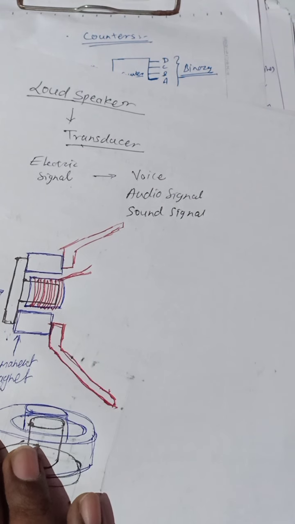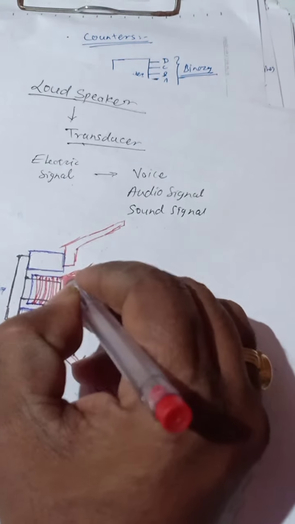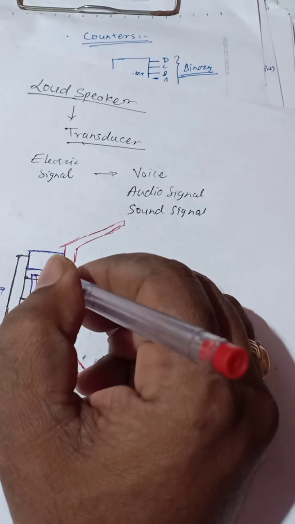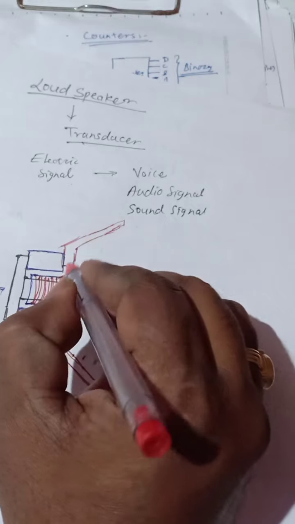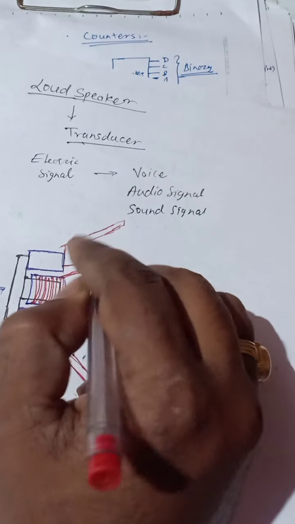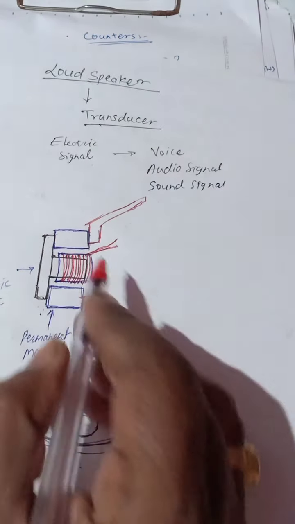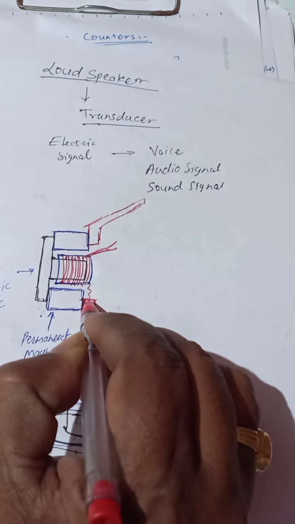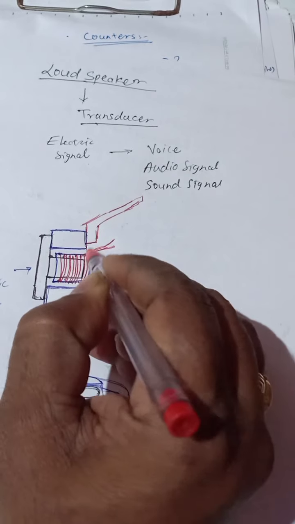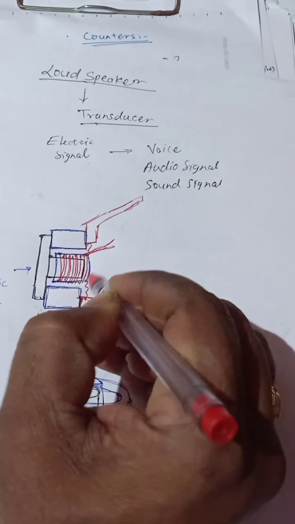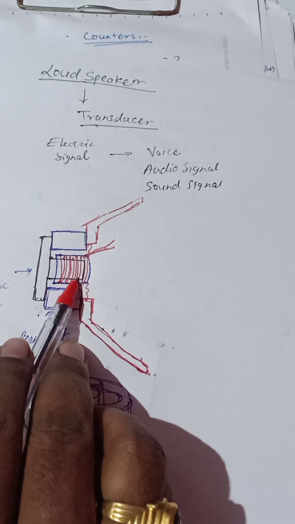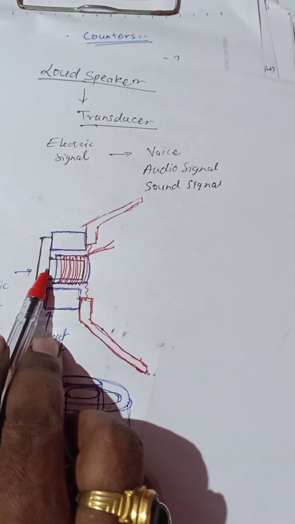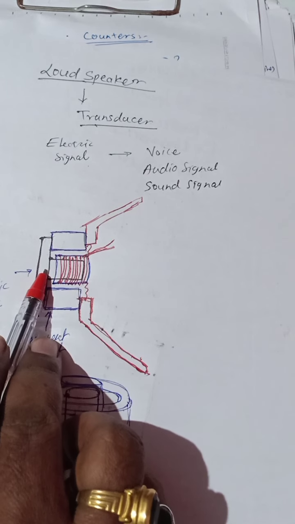Then there is a spider. The spider is nothing but a diaphragm with corrugations, which is used to hold this pipe between this permanent magnet and this non-magnetic rod.